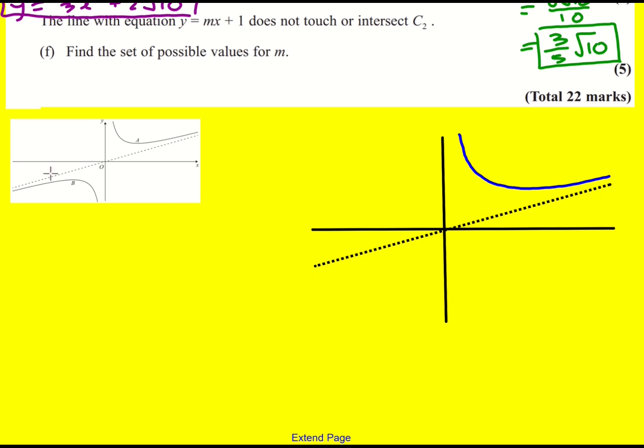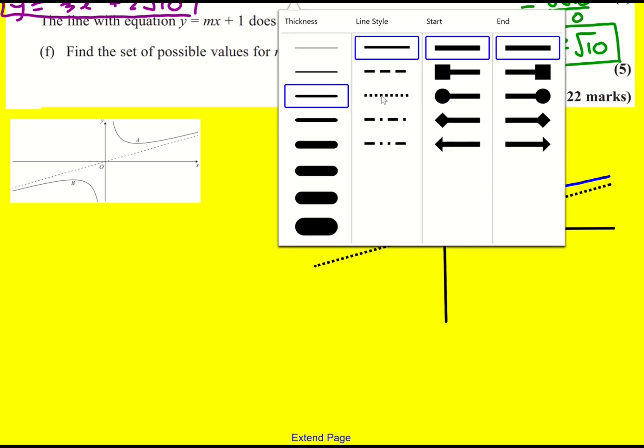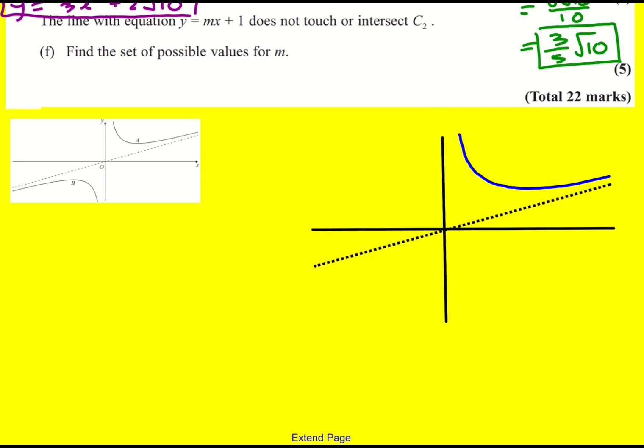But then on the left, we get a reflection in the x-axis. And this part of the asymptote is also going to be reflected, so I'm going to get a second asymptote. It's going to be minus a third x.